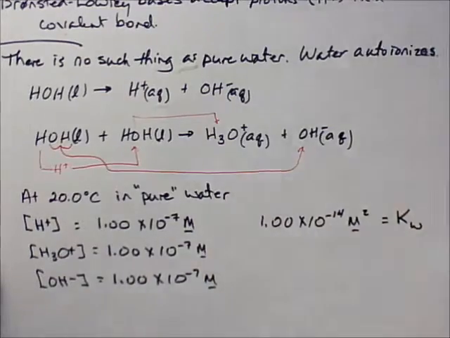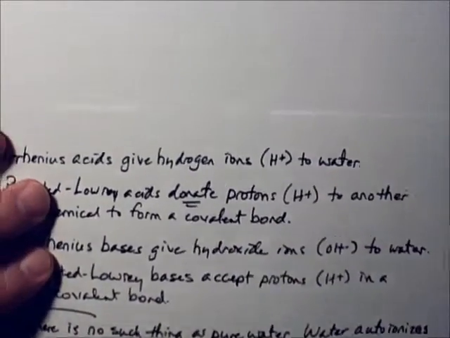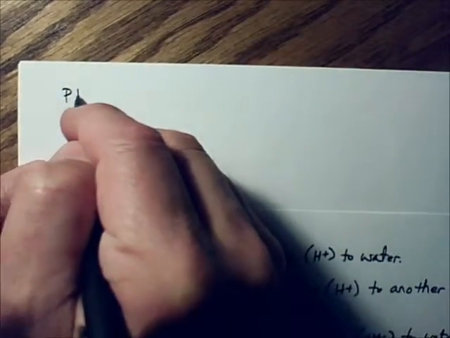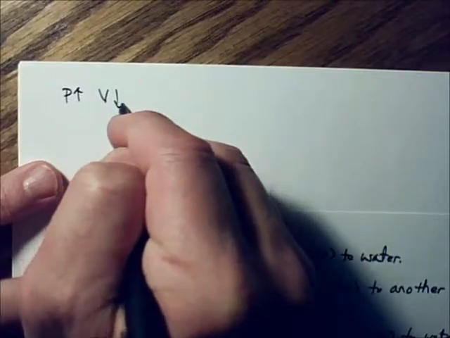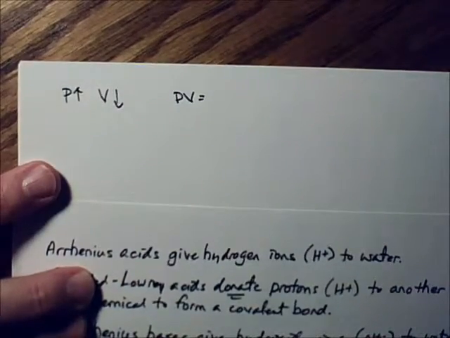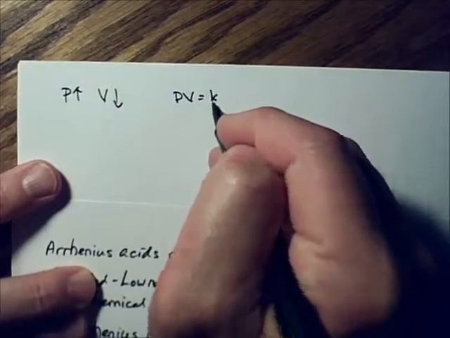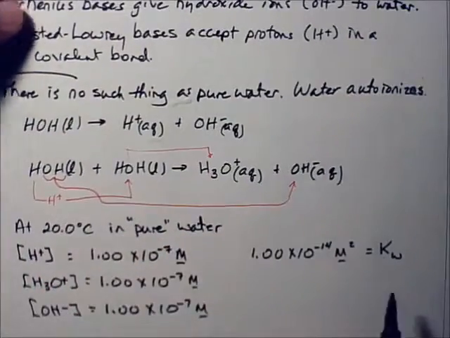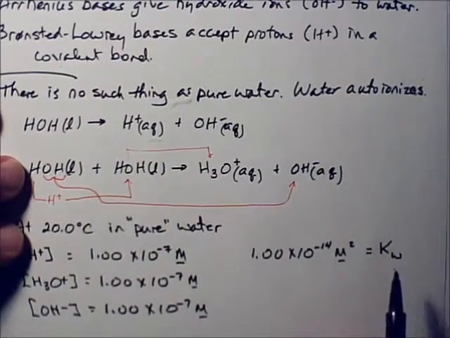It's fine. I want to think back a minute and remind ourselves about Boyle's law. What was Boyle's law? Pressure goes up, volume goes down, and pressure times volume always gives you a constant. It stays the same. We've got a constant here.